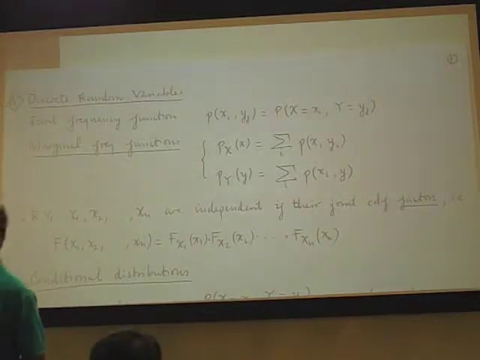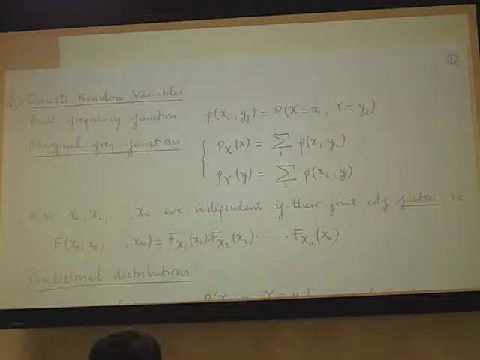And now, another concept is you have a joint CDF. Because if you have a frequency function right here, then you can also form the CDF, right? Because if you have discrete, then you sum everything up, and you're going to have a CDF. And now, if you have the CDF, and let's say you have n variables, how do you say that those n variables are independent of each other?